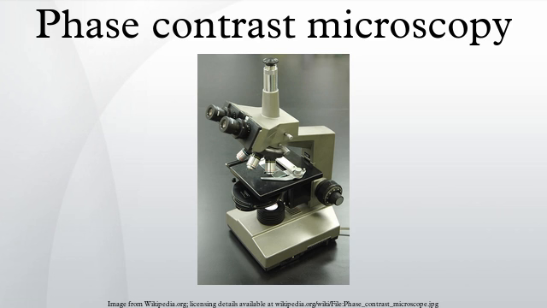Related methods. The success of the phase contrast microscope has led to a number of subsequent phase imaging methods. In 1952 Georges Nomarski patented what is today known as differential interference contrast microscopy. It enhances contrast by creating artificial shadows, as if the object is illuminated from the side.